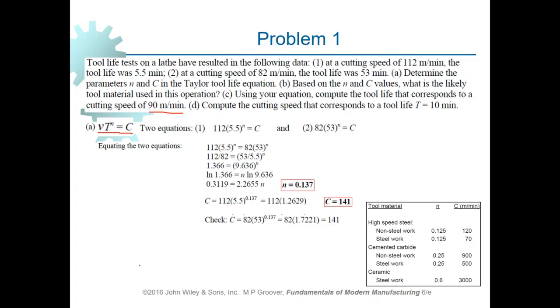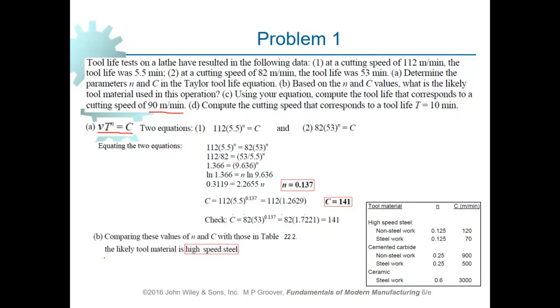Now we have the values of n and c at hand. So if we substitute the value of v, we can compute the value of t, or the other way. If we substitute the value of t, we can compute the value of v, which corresponds to that given tool life.